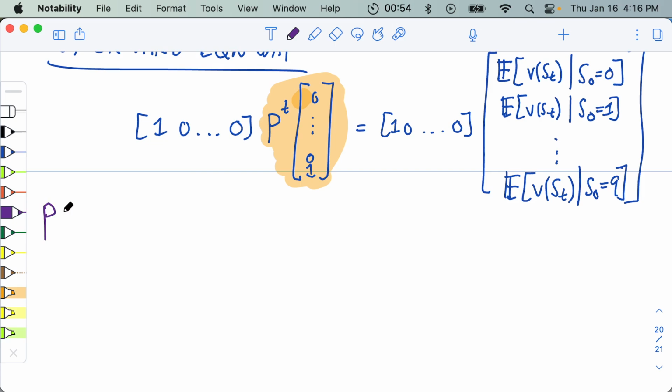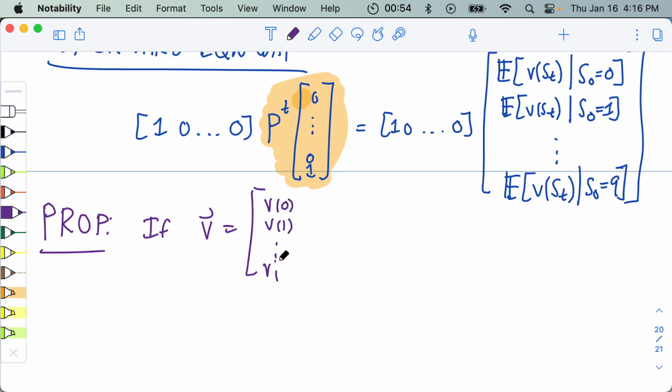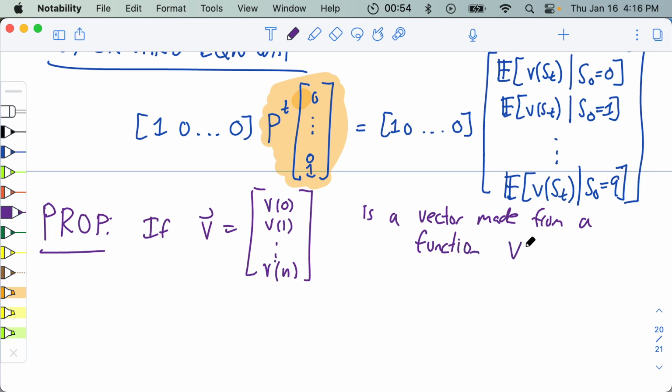So the proposition is that if v is a vector made of applying the function v: v_0, v_1, all the way up to v_n, so that we can do it for n states, a vector made from a function v.